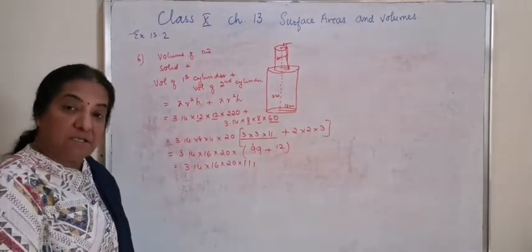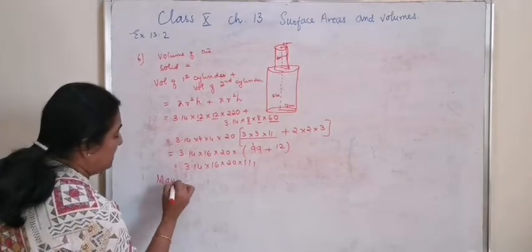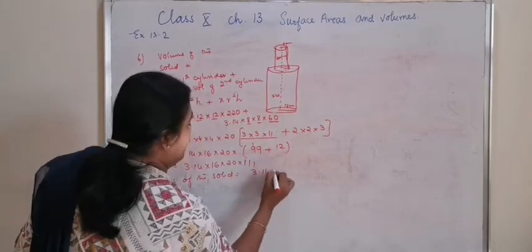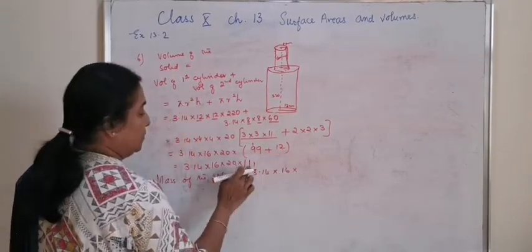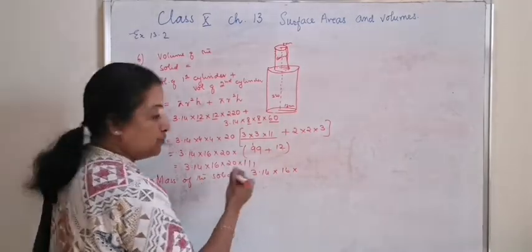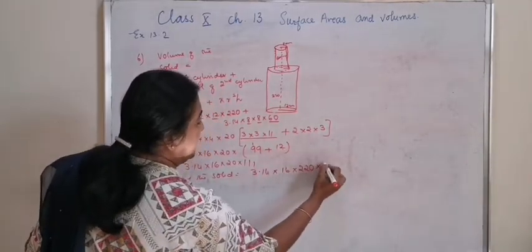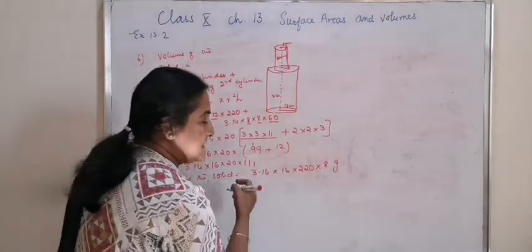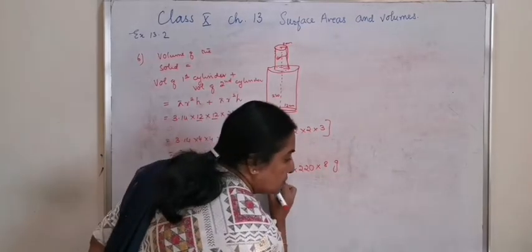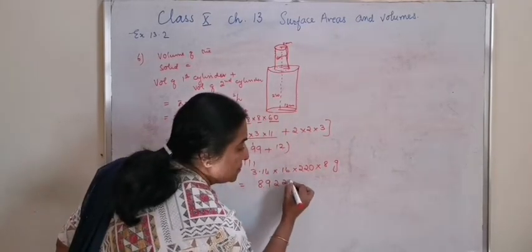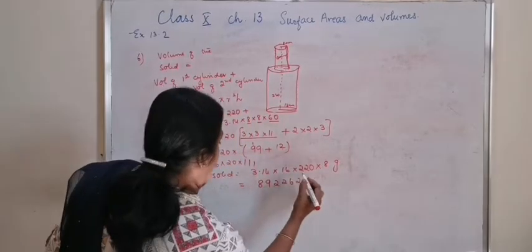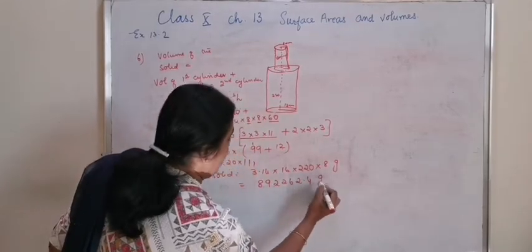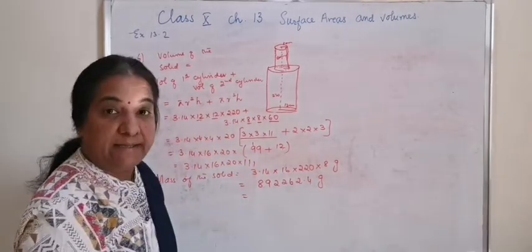Now what is the mass of the solid? Therefore, the mass of the solid is equal to 3.14 into 16 into 20 into 111 into 8 grams. On multiplication, you will get this answer as 892262.4 grams.